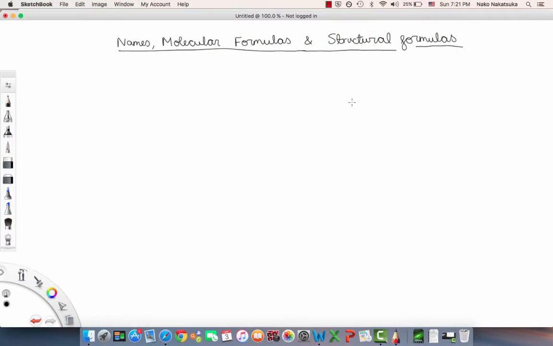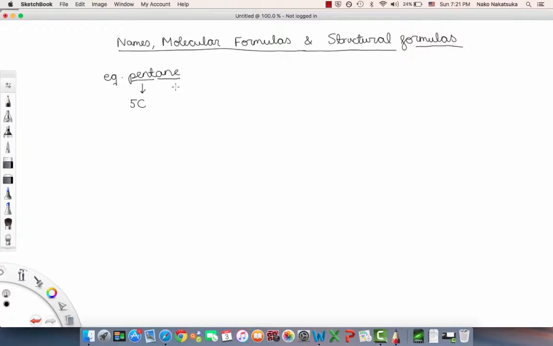So now I'm going to briefly go over some naming techniques to remind you of how to name different structures. The first example I'm going to do is pentane. Off the bat, you see the prefix, which is pent. Since it's pent, you know that it involves 5 carbons.